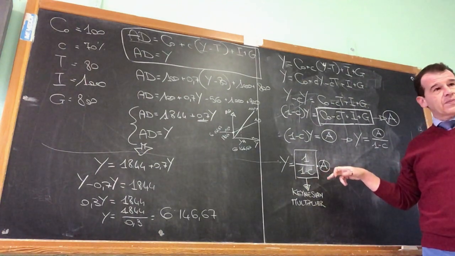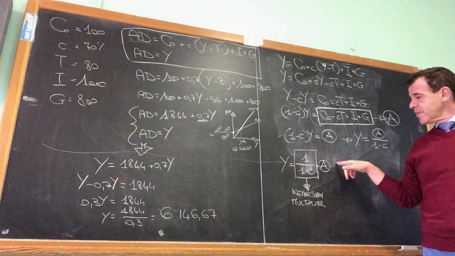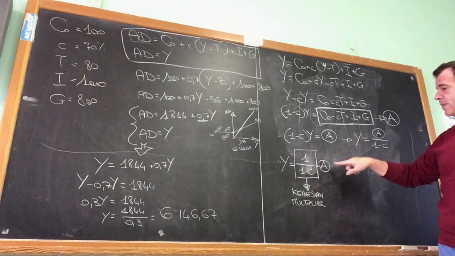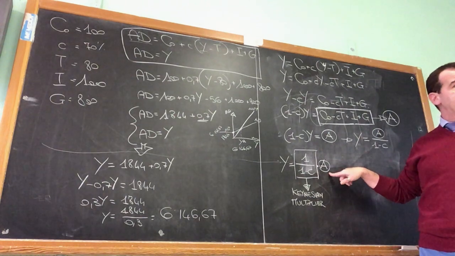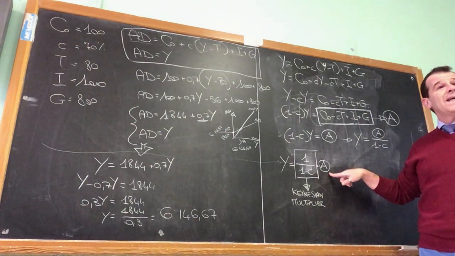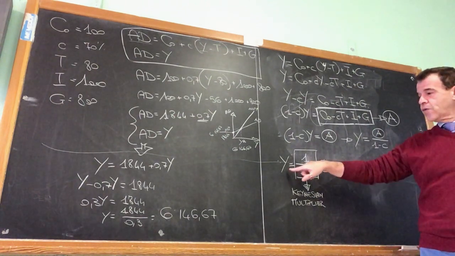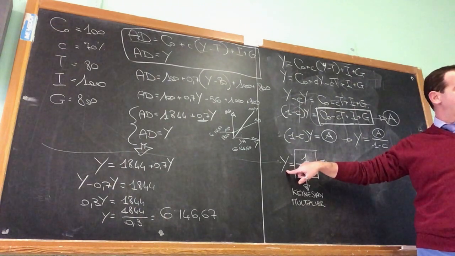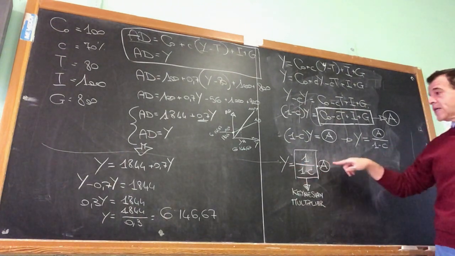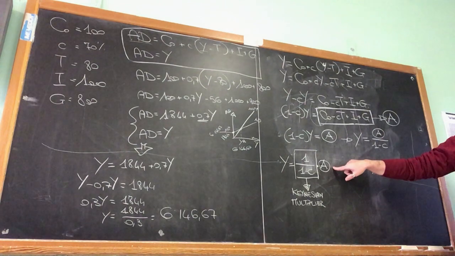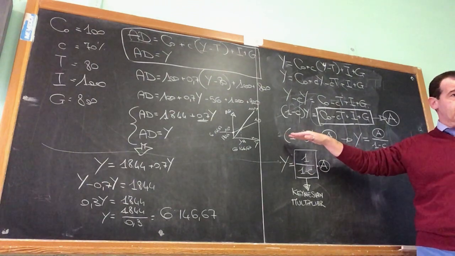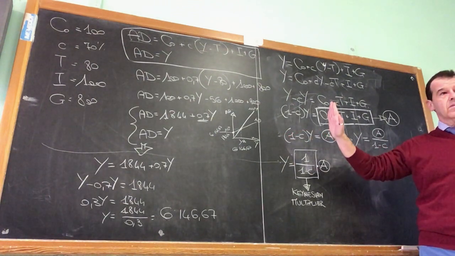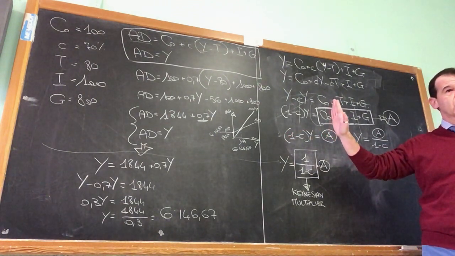Second, an increase in governmental expenditure will lead to an increase in national income. And you can see it here. Okay, inside A is governmental expenditure. If this goes up, this goes up. Clear? Sure.